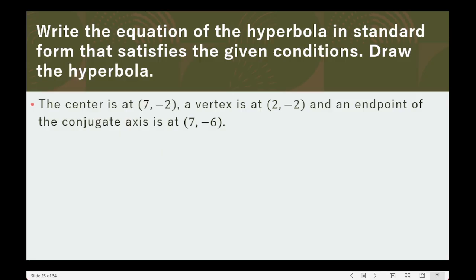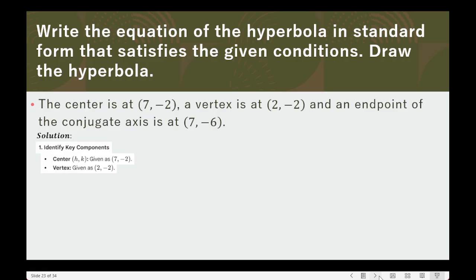Now for our solution, we identify the key components. First is the center is at hk, or that is at coordinate 7, -2. So it follows that h is 7 and k is -2.